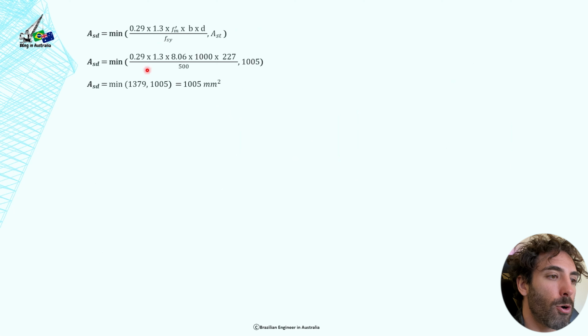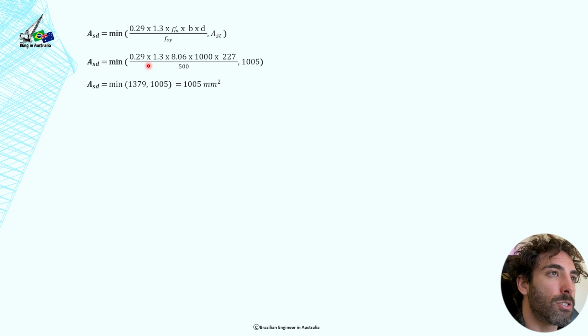So moving on, we're going to design now. We're going to check that N16 at 200 centers work. And how we do that, firstly, we need to know the area of steel that we're going to use. And the area of steel for the calculation of the bending moment capacity is the minimum of 0.29 times 1.3 times Fm times B times D divided by Fsy, or the area of steel that we have.